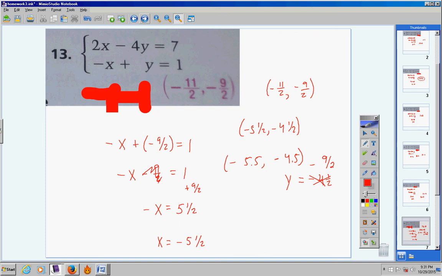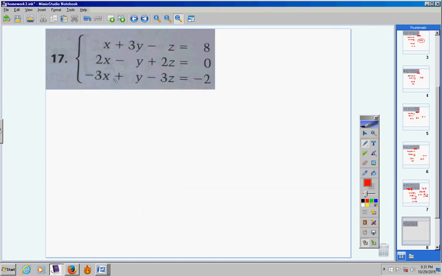Here we go. Number 17 and 18. These will be the longer, more difficult ones. For number 17, I've instructed you to solve for x and y first. So here we go. Let's solve for x first.